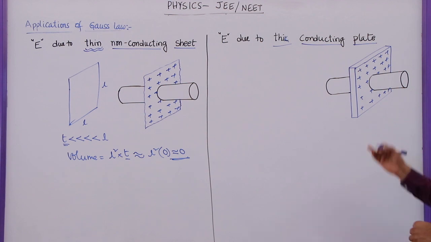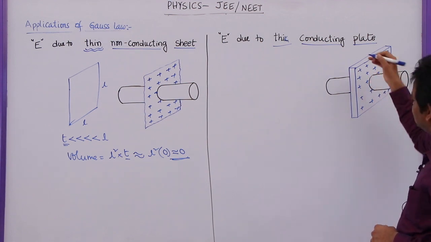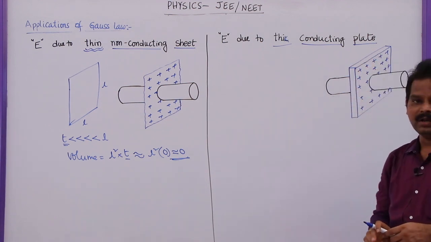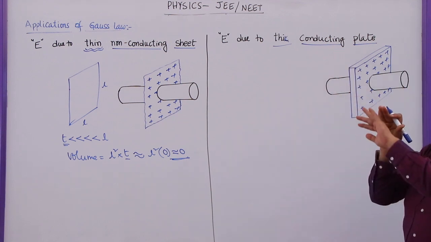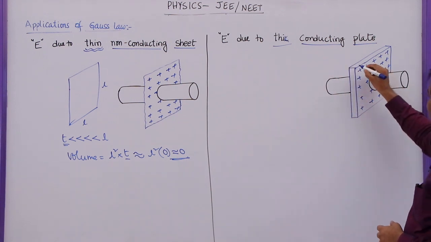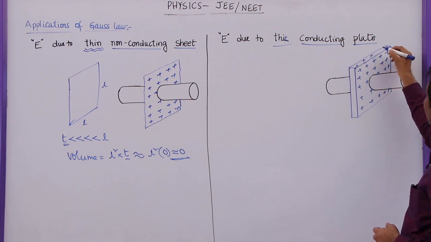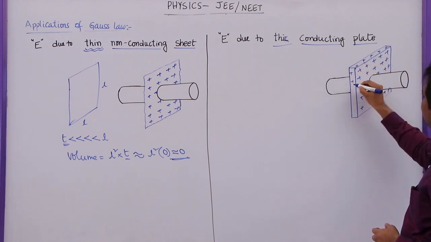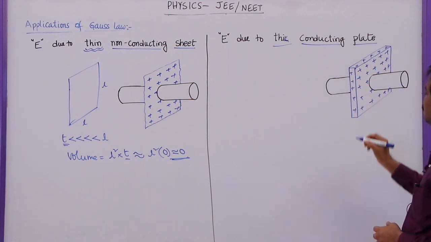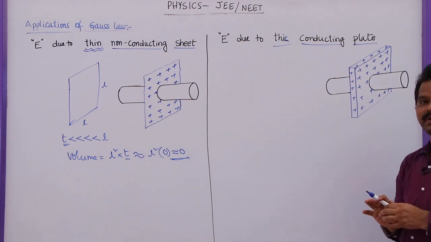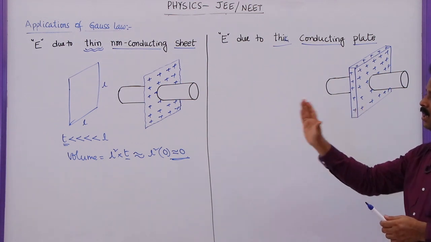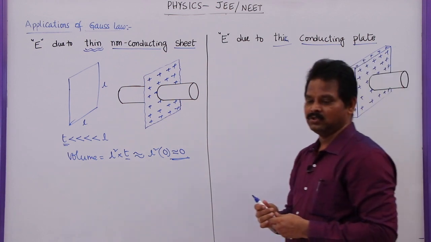Now the same amount of charge can be seen on the other side of the plate also, because this is a conductor, charge will spread on the surface. Actually speaking, we have to draw the charge here also, because this is also one of the surfaces. So the entire charge will spread only on the outer surface. This is the variation in the diagram for these two.